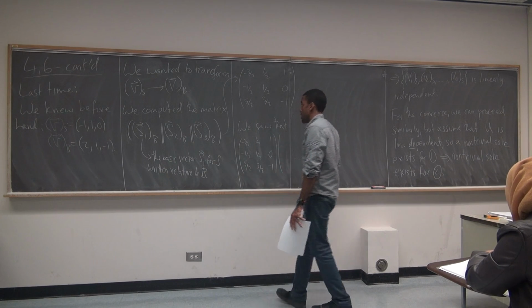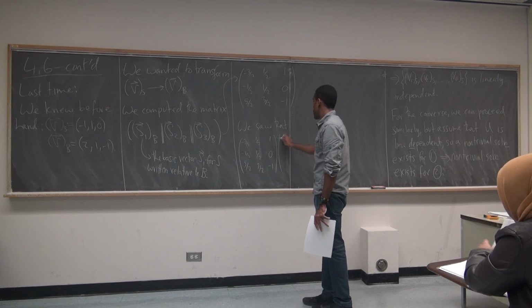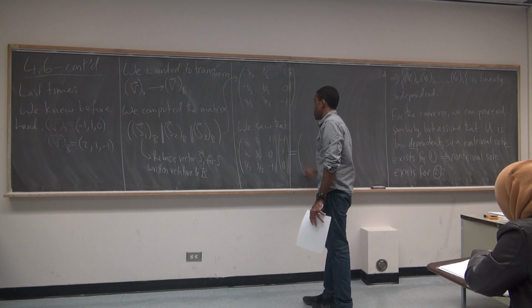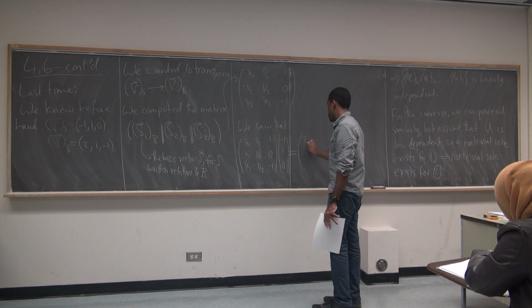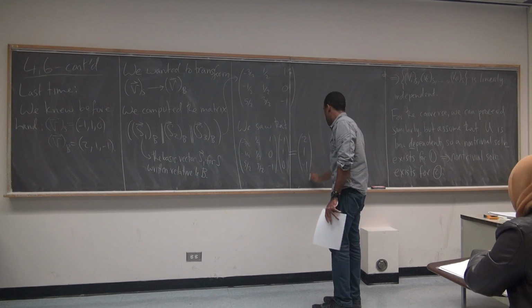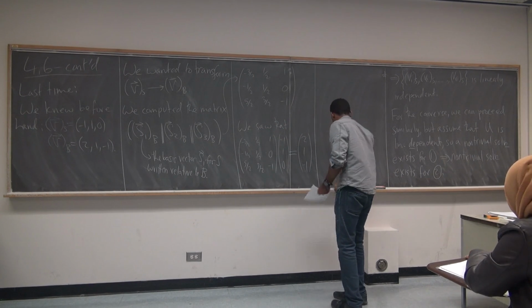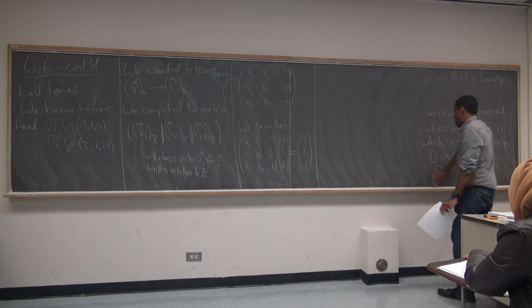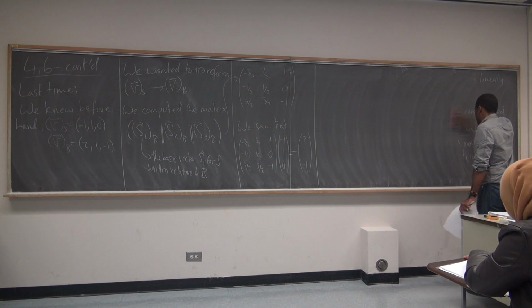If I took that matrix and multiplied it by minus 1, 1, 0, the result was actually the vector we expected to get in B. That was very interesting. Okay, so now we're caught up to where we were last time.